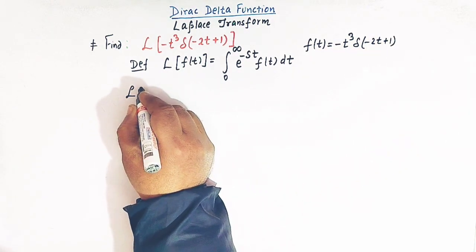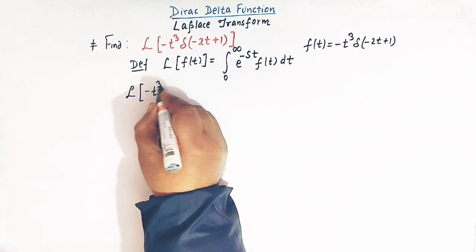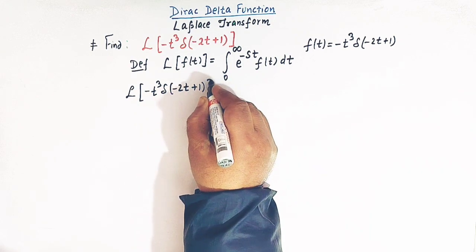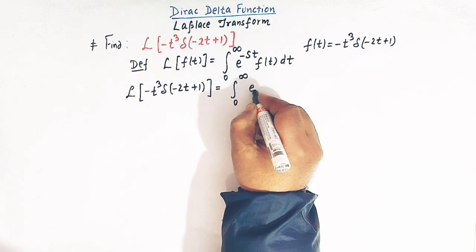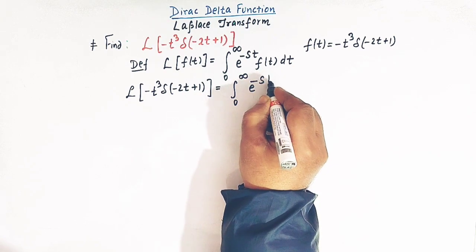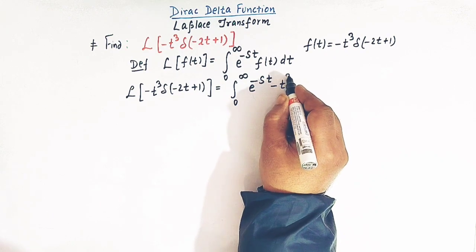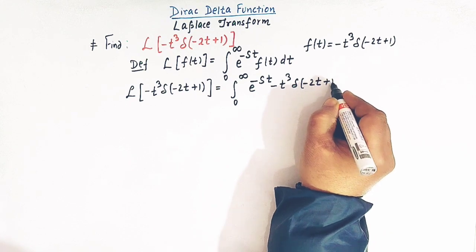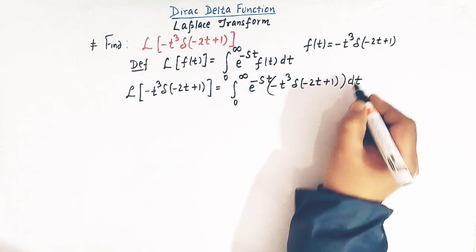So we now have the Laplace transform of minus t cube delta of minus 2t plus 1 equal to the integral from 0 to infinity of e raised to minus s times t, times minus t cube delta of minus 2t plus 1, dt.